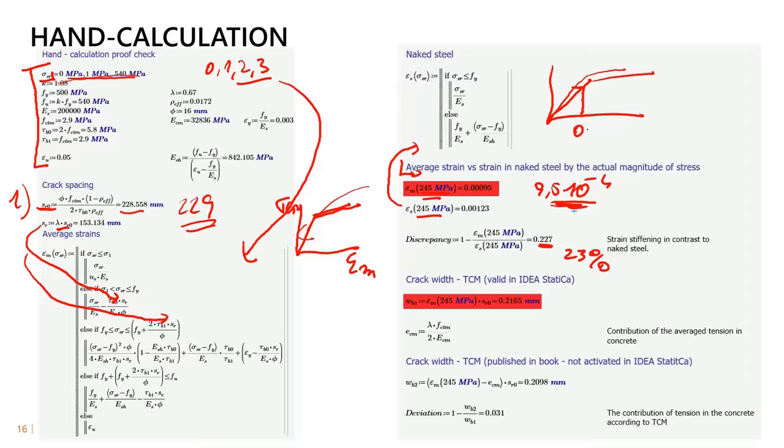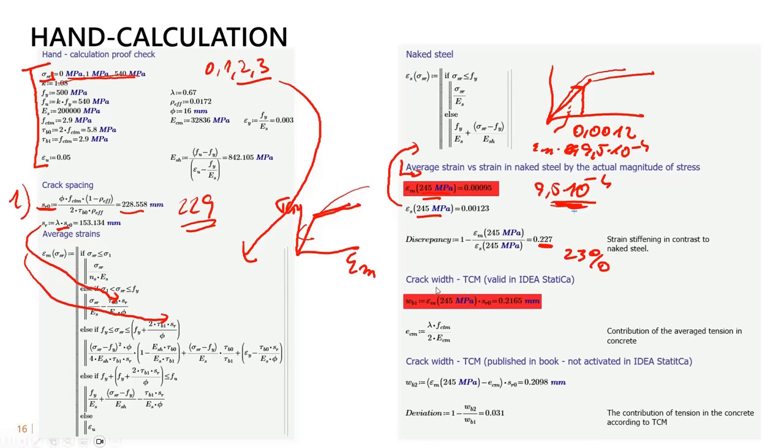You know that you are here somewhere. So this is 0.0012, and epsilon m is 9.5 times e minus 4. So this is the part of the strain stiffening.